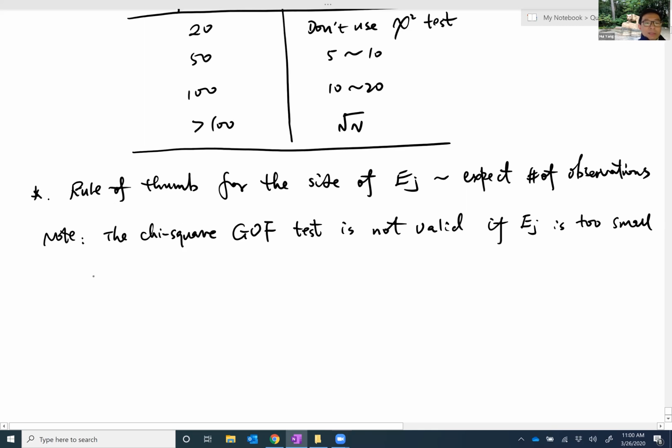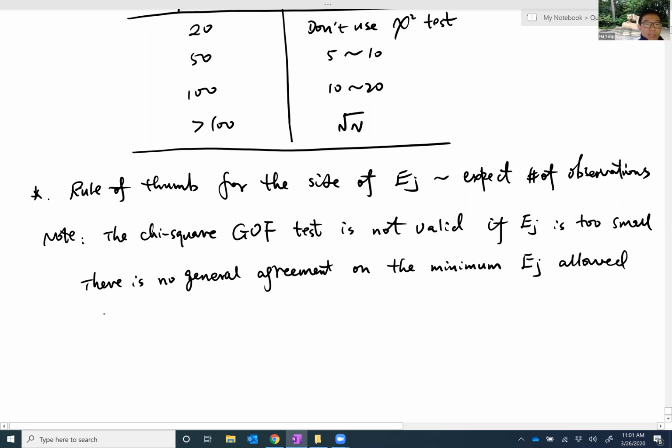There is no general agreement on the minimum expected E_j allowed.